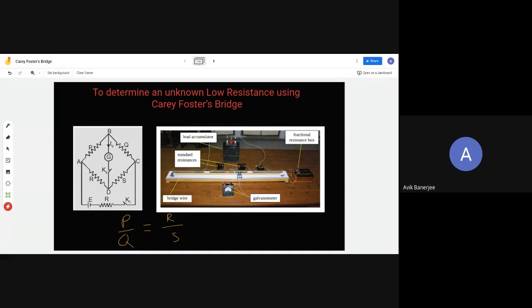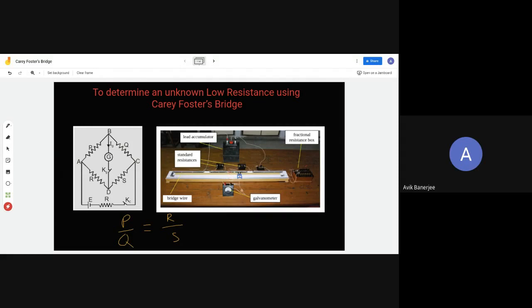Whenever we are talking about a Wheatstone bridge, you should be very careful about the junctions. Where is what connected? Look, if we call them PQRS, where S is the unknown resistor, so the power source is connected between these 2 points, A and C, and the galvanometer is connected between the junction of P and Q and R and S. So this is the junction of P and Q. So one end of the galvanometer is connected here.